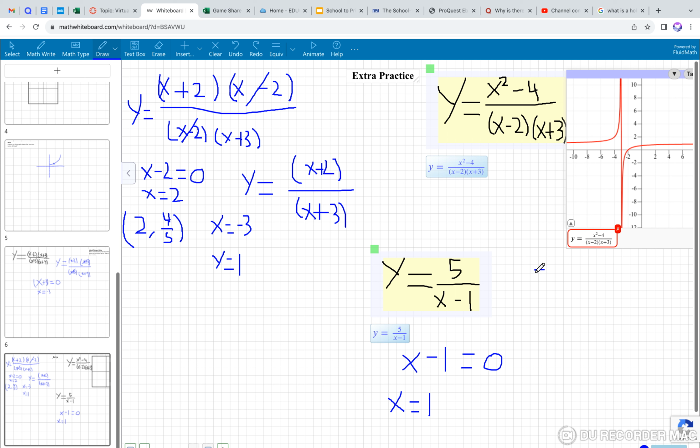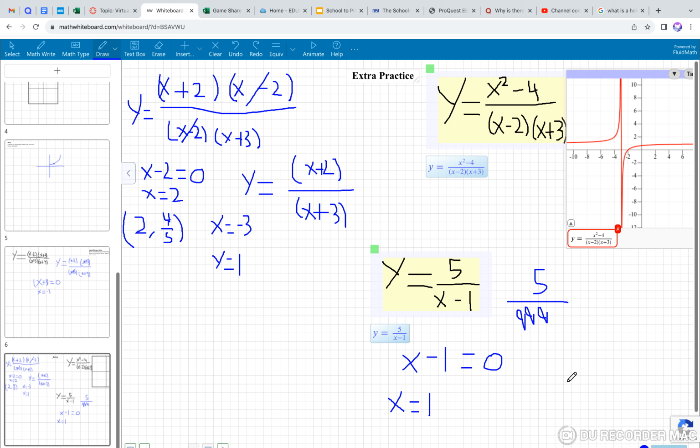So let's plug in x equals, let's do 1,000 again. So we get 5 over 1,000 minus 1, 999. So 5 over 999, that's going to be really, really small.